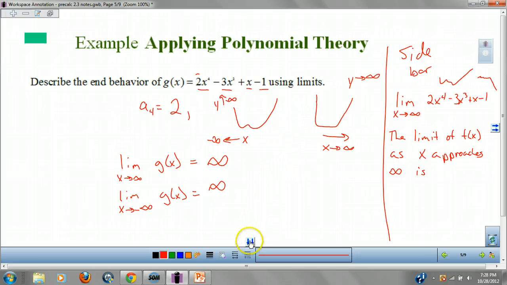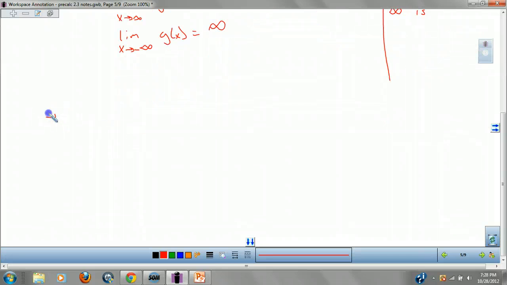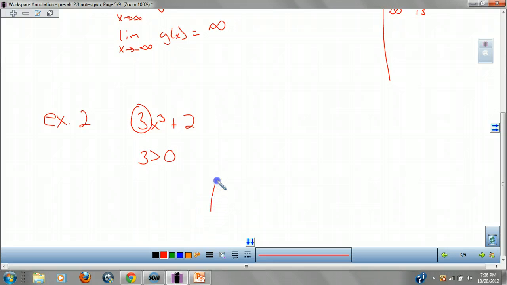I want to do one more example of this. Example 2. Let's say we had the function 3x cubed plus 2. I take a look at my leading coefficient, and 3 is definitely greater than 0, so I know my graph is going to look something like this. It might not have big bumps, but it doesn't matter because we're talking about end behavior.